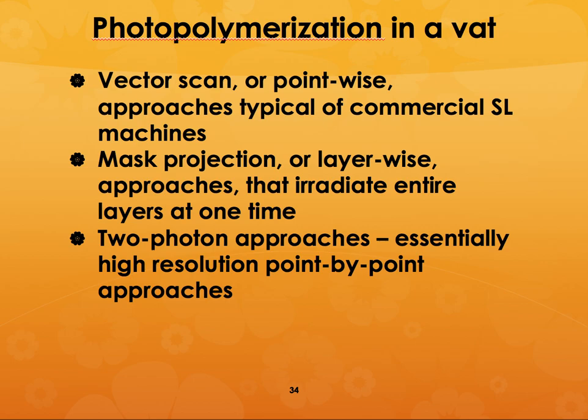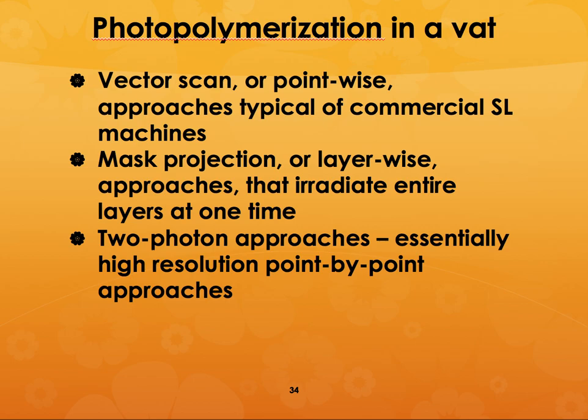So how do you do that? You have a vat of material where you have a resin, and you have a laser beam that is being controlled by a computer, and it will scan that first top layer in the XY plane alone.